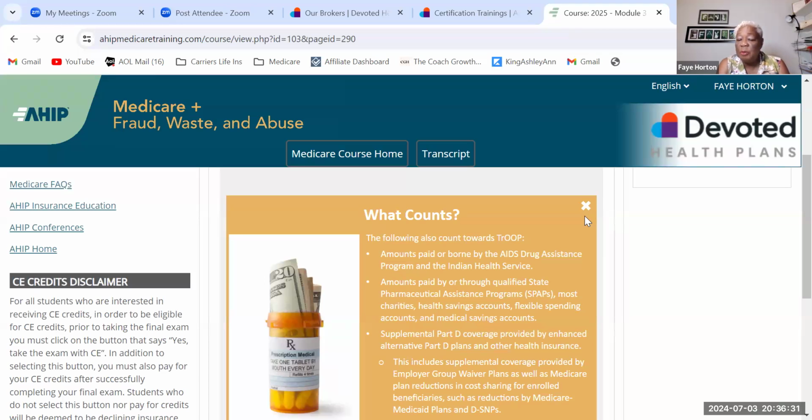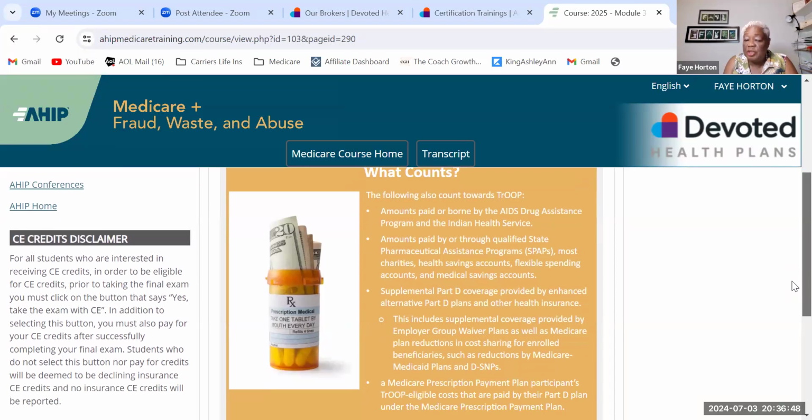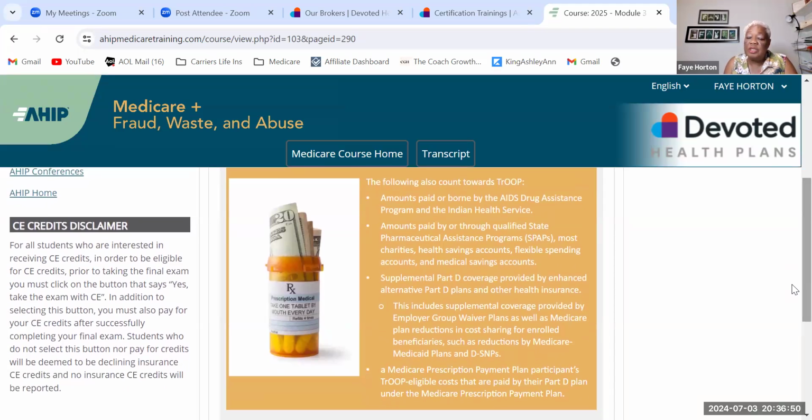Supplemental Part D coverage provided by enhanced alternative Part D plans and other health insurance. This includes supplemental coverage provided by employer group waiver plans, as well as Medicare plan reductions in cost sharing for enrolled beneficiaries, such as reductions by Medicare-Medicaid plans and DSNPs.